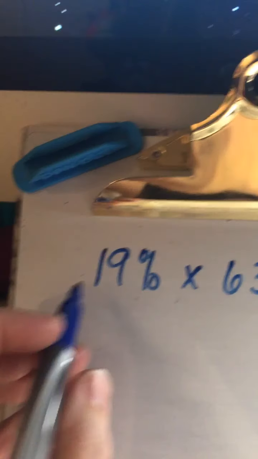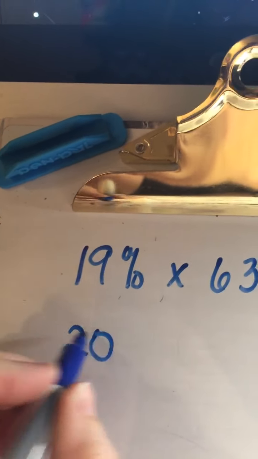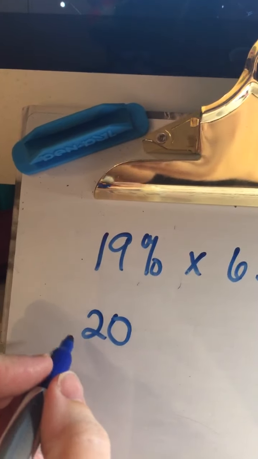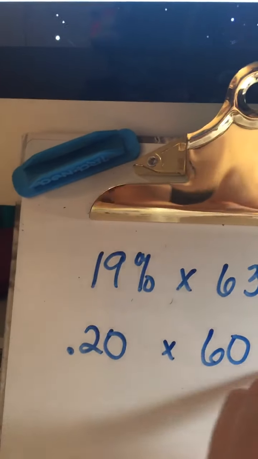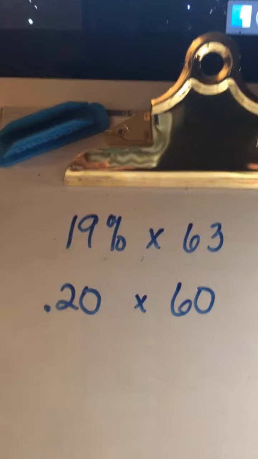All right. So for example, number 5, if you had 19% times 63, and we're going to put that into, I'm going to do my way, 0.20 times 60. Okay, so I'm going to go ahead and put that in the calculator.